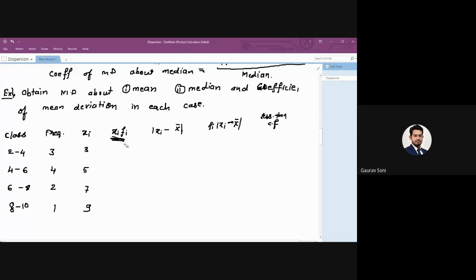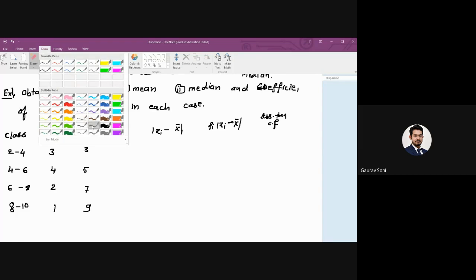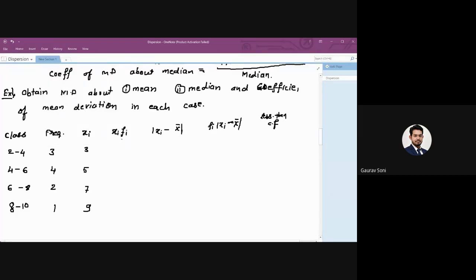But still, we will follow some certain steps in order to understand the procedure, by which you can save your time while doing the calculations. So what you need to do is press alpha and choose the variable, the first one, then press x.